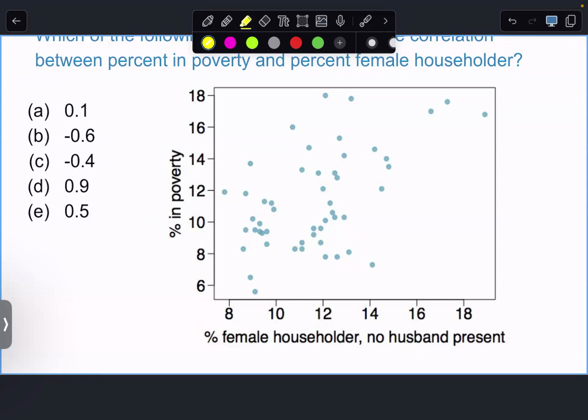Why is it harder? Looks like a weaker relationship. We're talking about the relationship between the percentage in poverty and the percentage of female householder, no husband present. Kind of a weird variable, but whatever.